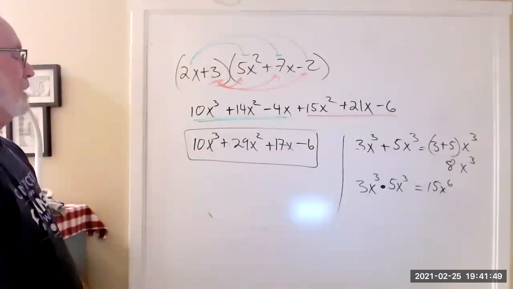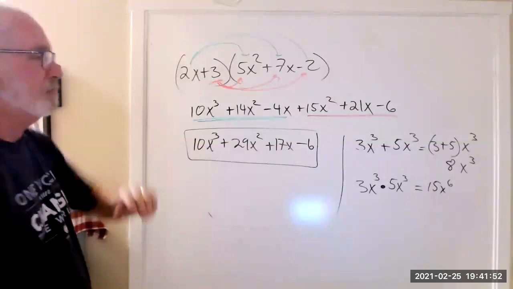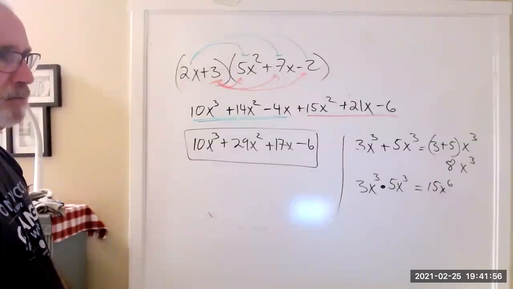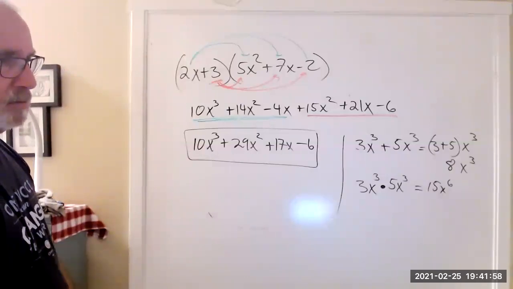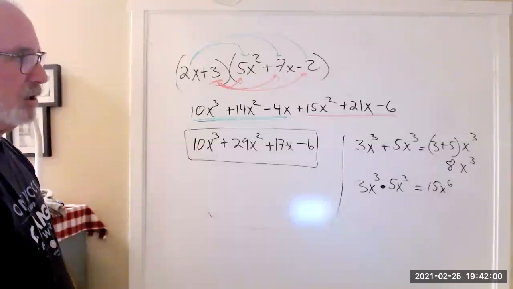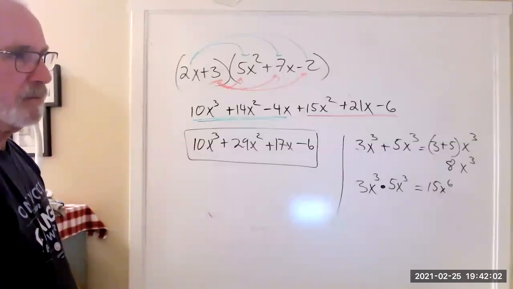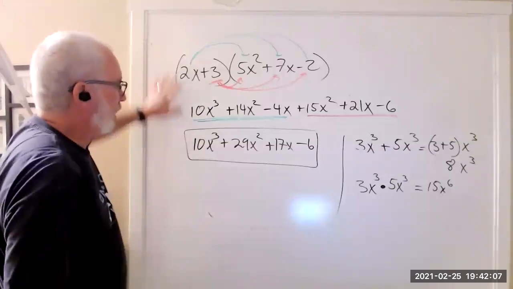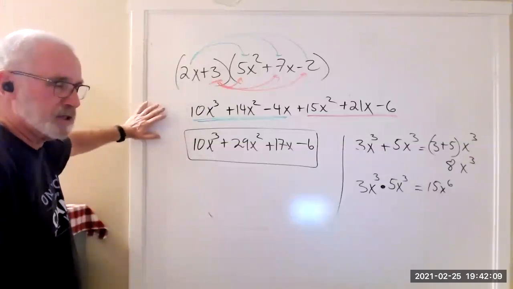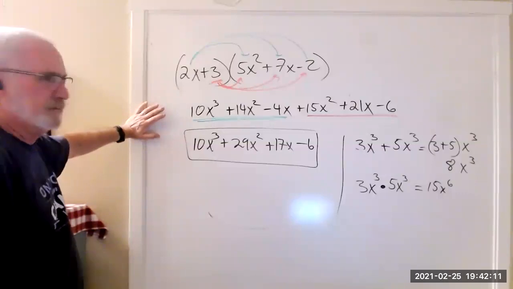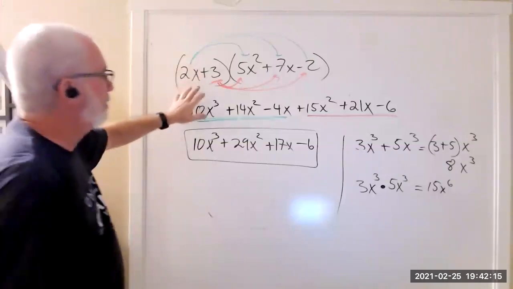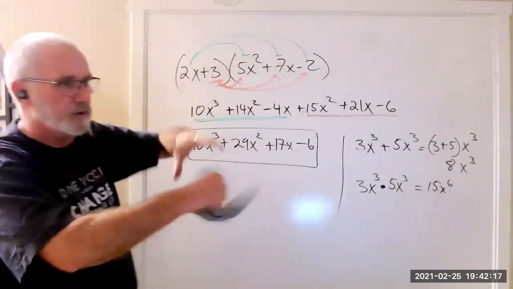Now I want to erase this problem and show you an alternate way of doing the same problem. And then you get to pick whichever way you want to do it. Is it easy? I don't care. So are you guys kind of okay with this method? This is the way that almost everybody teaches multiplying polynomials together like this.